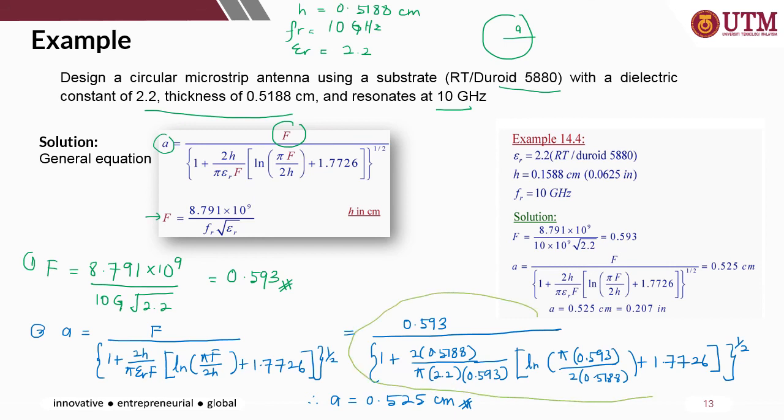Since you have seen lots of calculations, I would recommend you to write down the general equation first. Write down this one first, then include all the values into the equation before you have your final answer. Why do you need to include those steps? Because it involves very long calculations. If you mistakenly press your calculator and make a mistake during your calculation, your final answer will be wrong.